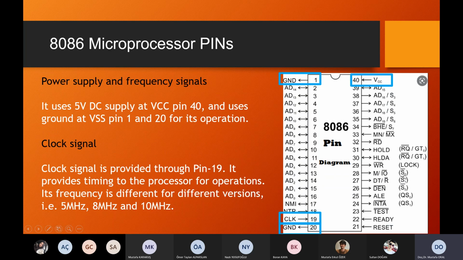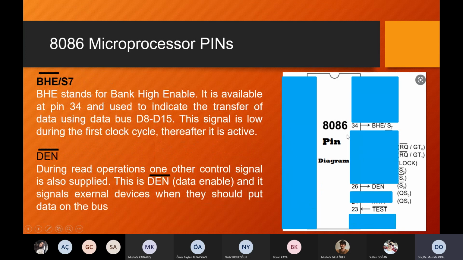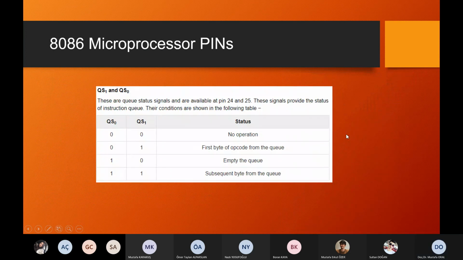These are S0, S1, S2, S3, S4, S5, S6, S7. There are 8 S signals. S means status signals that are used to inform the devices what the 8086 microprocessor is dealing with, and now I will be introducing this.